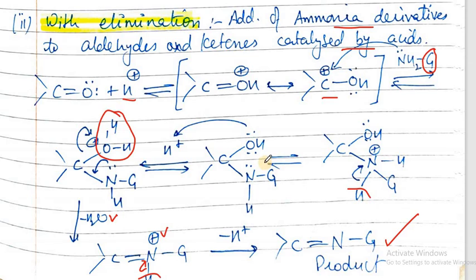Then it will take up H positive, and water will be removed, and now this carbon will have positive charge, but this is compensated by the electron pair from the nitrogen, and we get C double bond N, and now this positive charge is neutralized by the release of one H, and we get C double bond N G. That is the final addition product with the elimination of a small molecule like water in this reaction.